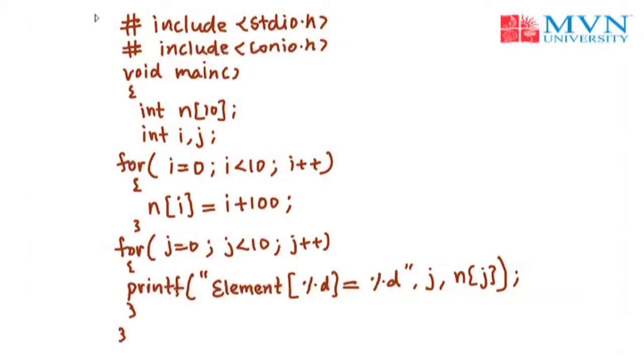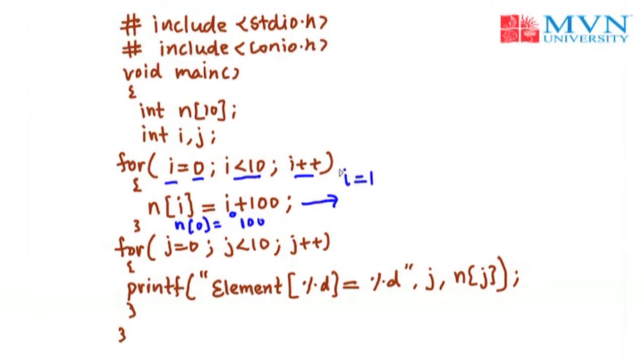In this program, the main executable statement is this one, in which we first assign the value 0 to i, then here n[0] will become 100 because the value of i is 0. Then in the for loop, this condition will be checked. If this condition is true, then i will be incremented and i will become 1.